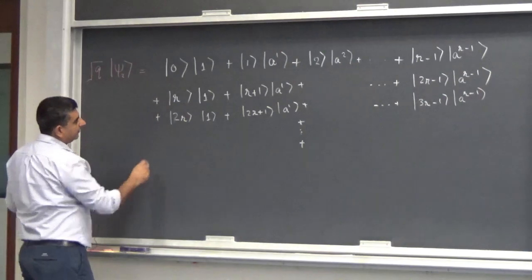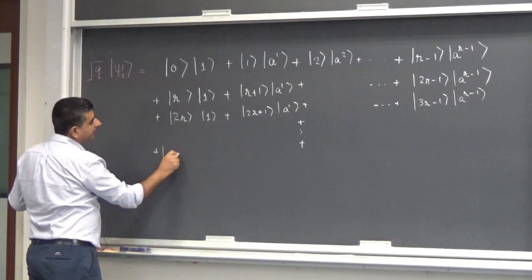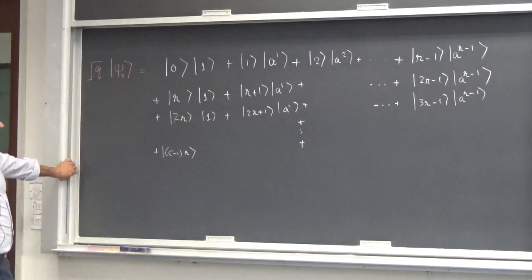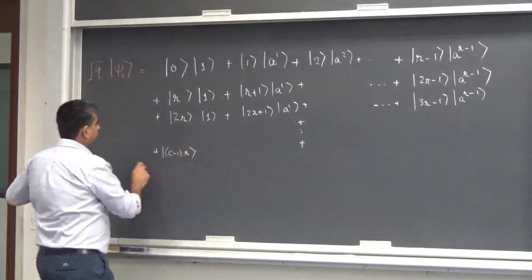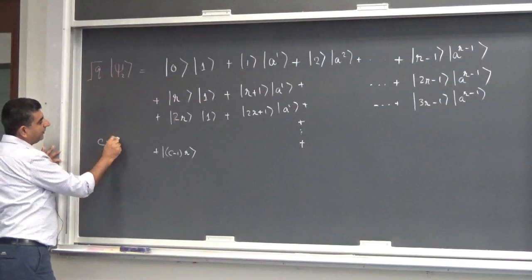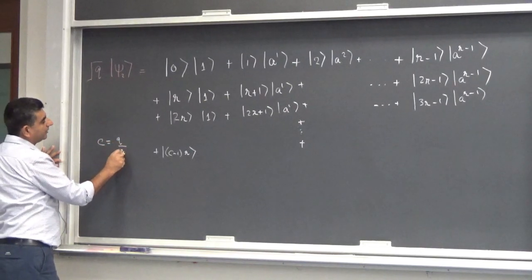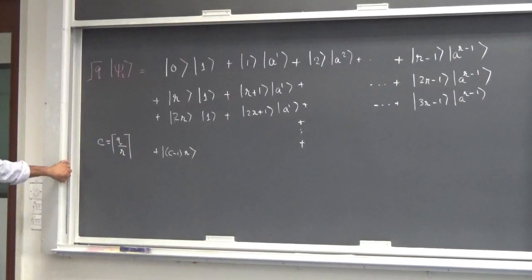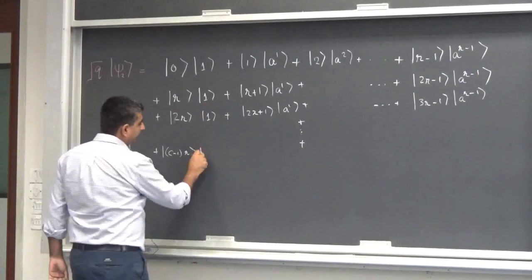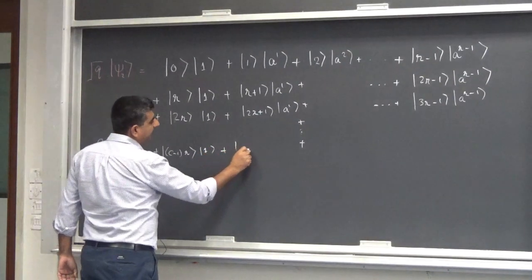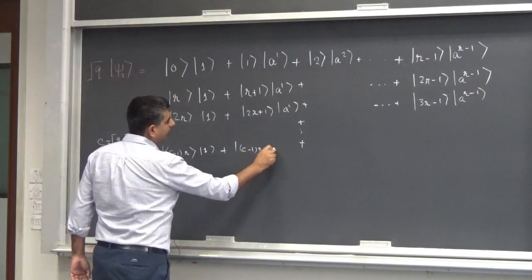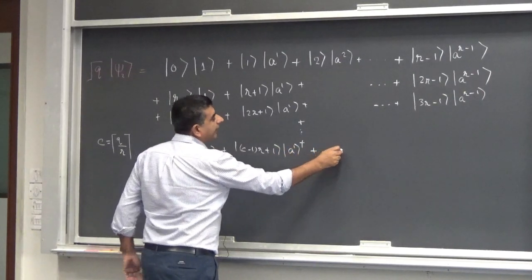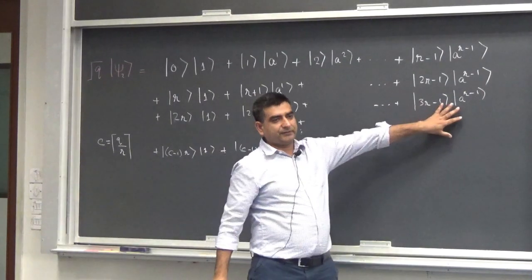Finally, I will be left with c minus 1 r, where c is the ceiling of q over r, plus c minus 1 r plus 1, a raised to power 1, plus, and you might fall short of this, right?